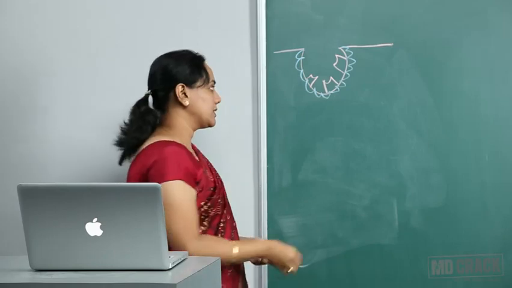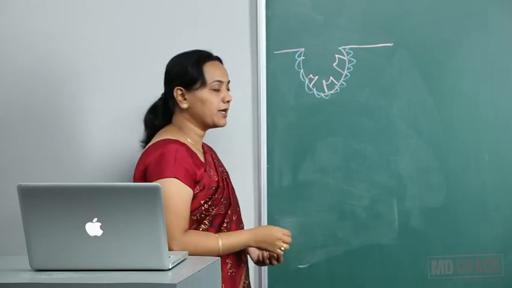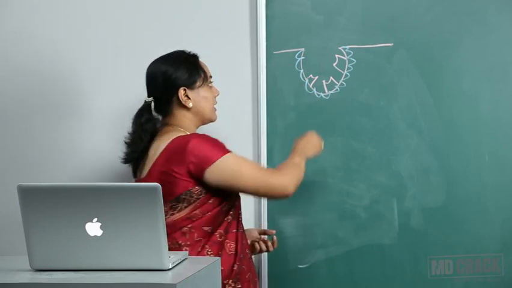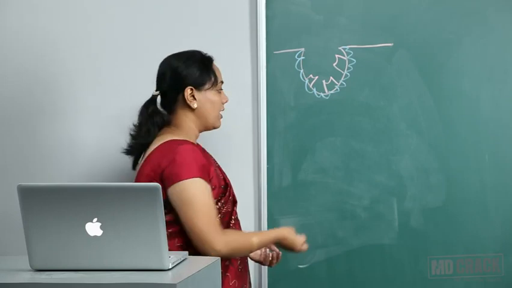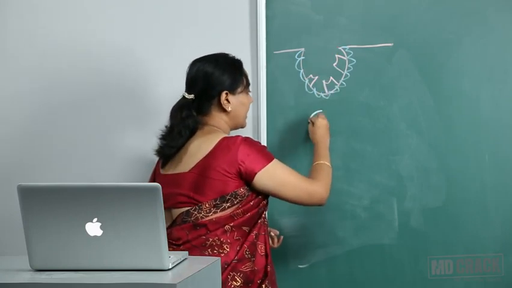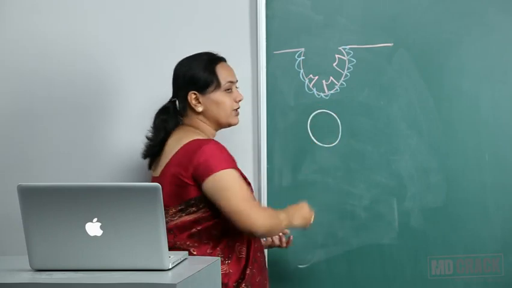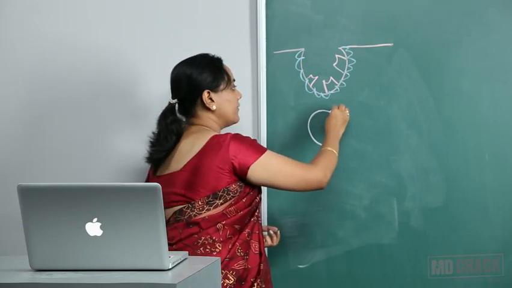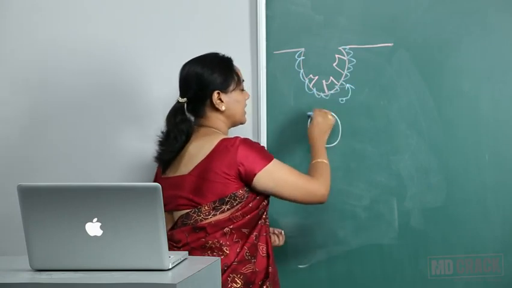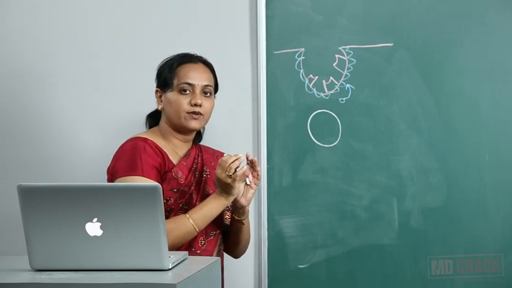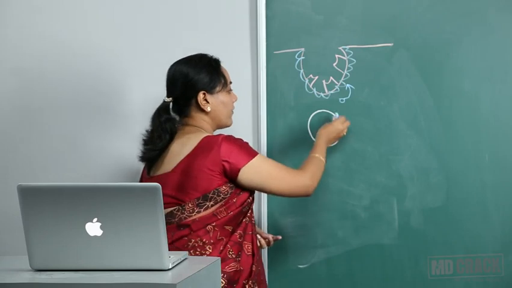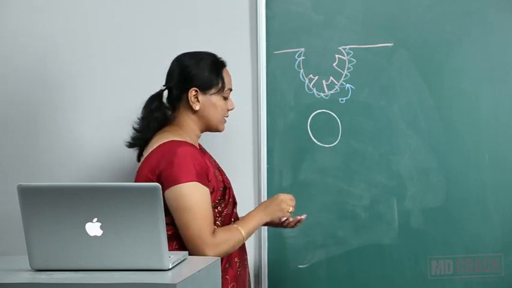So whichever tissue has the LDL B100 receptor and it is present in the form of a clathrin coated pit, the LDL will come and bind to it. Once it binds, this whole thing will invaginate and form a vesicle with the LDL in it. The clathrin will be reutilized. Please remember that the clathrin will get reutilized. Initially it is a clathrin coated vesicle, and the clathrin coated vesicle will lose its clathrin and form a phagosome. Now it is called a phagosome.